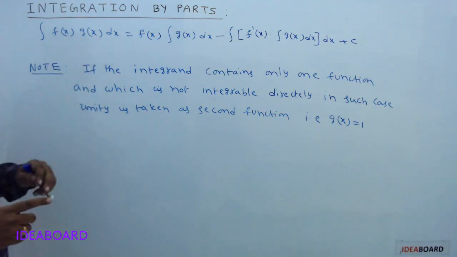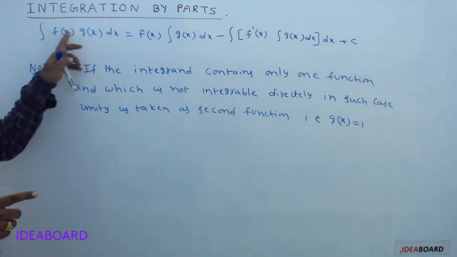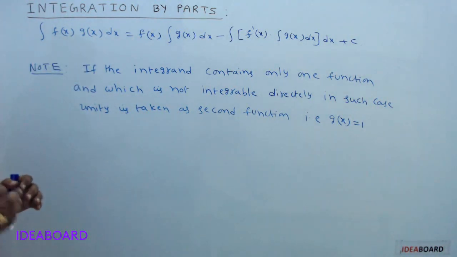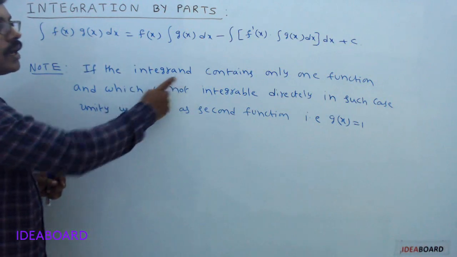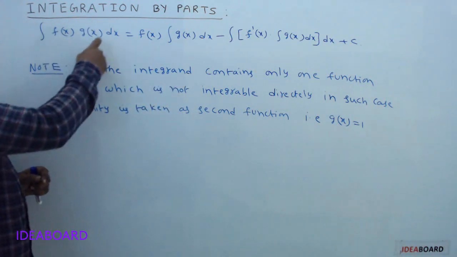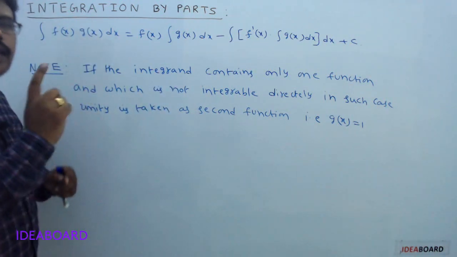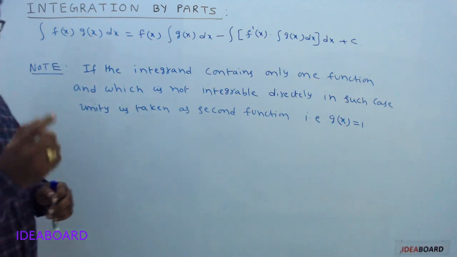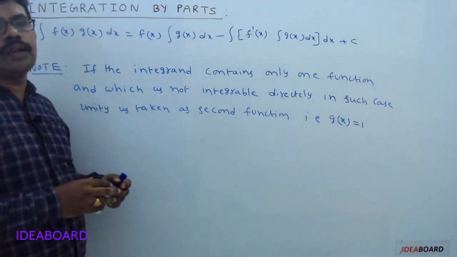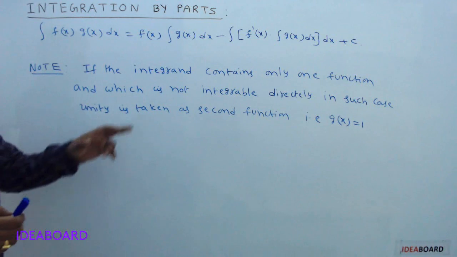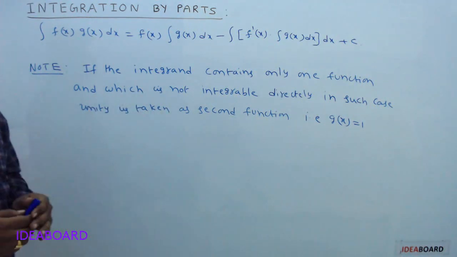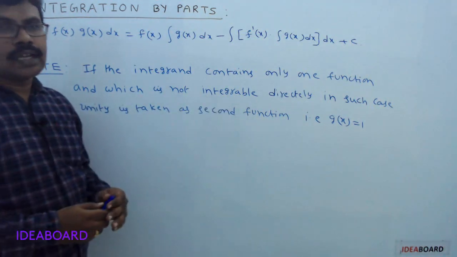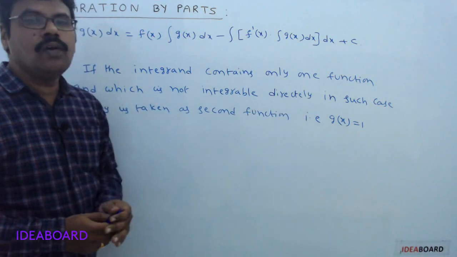But here your integrand contains only one function, which is not directly integrable. In such case unity will be taken as a second function. That means g of x equal to 1.